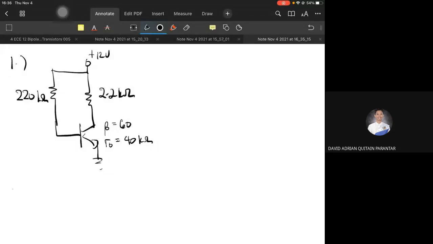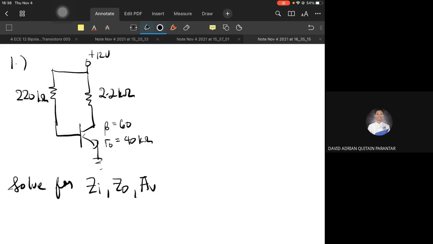12 volts, 2.2K, 220K, 60, 40K. Solve for input impedance, output impedance, and voltage gain.